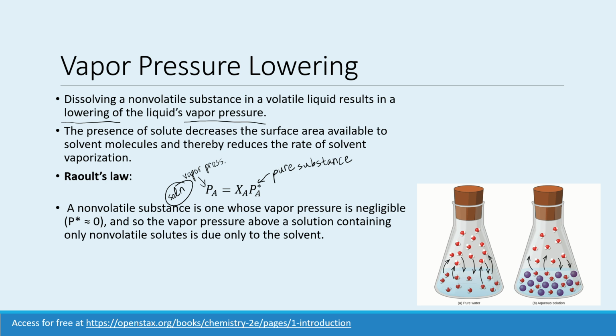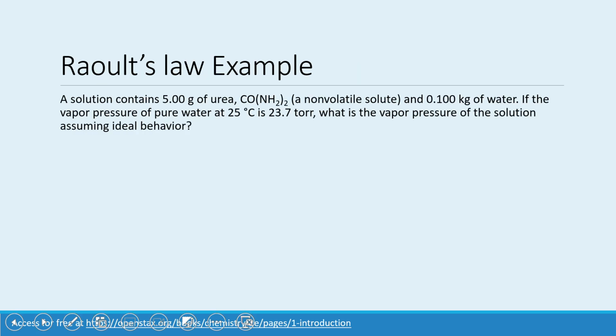And if we do that, then the vapor pressure of the solution is going to depend only on the vapor pressure of the solvent, right? Okay, so we're going to see this in our example. In the example, a solution contains 5 grams of urea, and that's going to be a non-volatile solute.